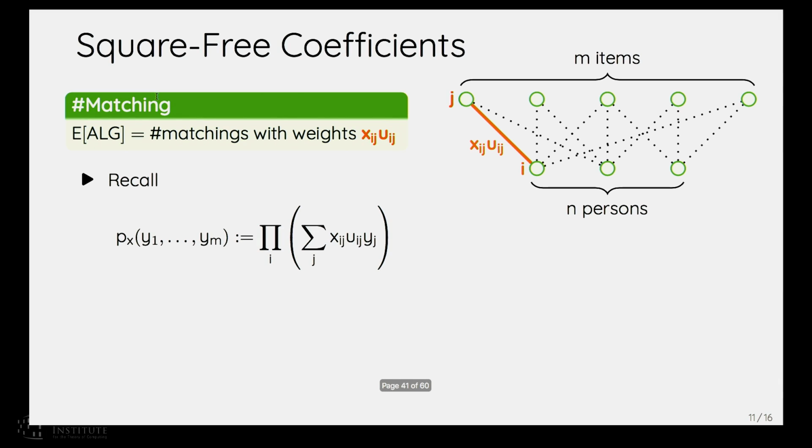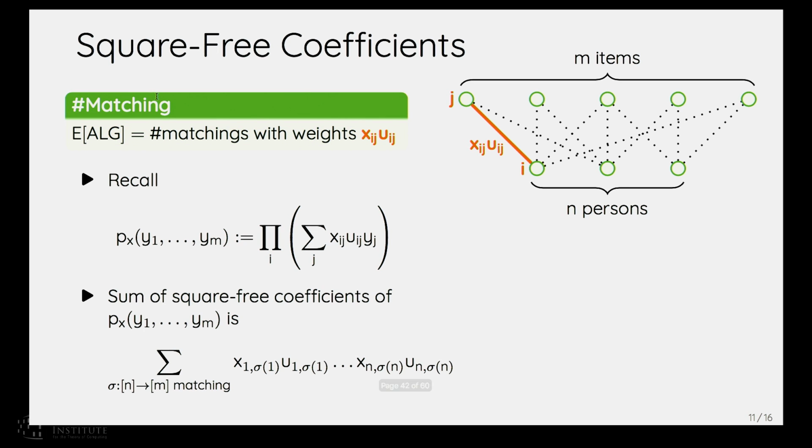Now, remember that the polynomial that I was working with was this. Okay? I'm going to argue that this polynomial is again counting the same thing, the sum over the matchings of the product of the weights. Okay? So if you expand out this product, there are again some terms that have a yj squared.